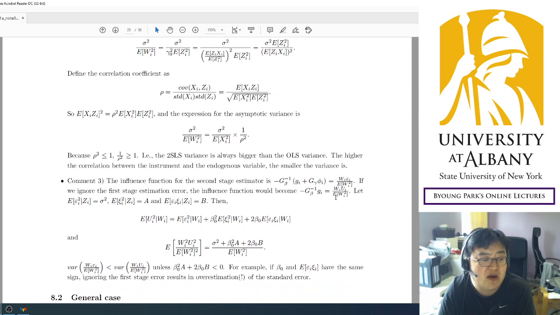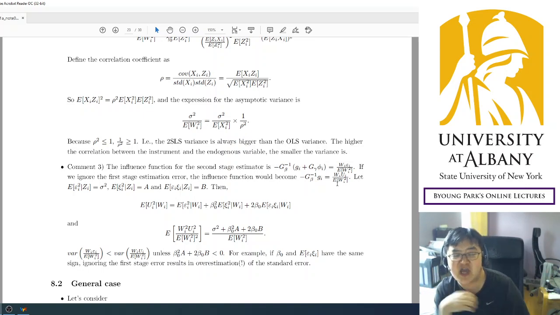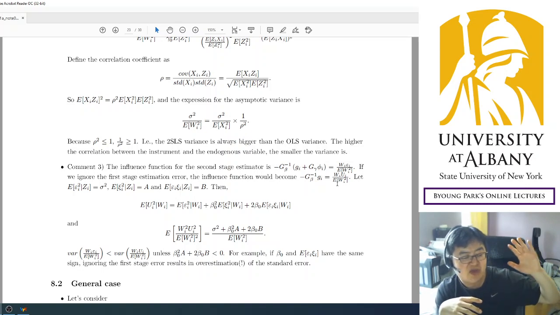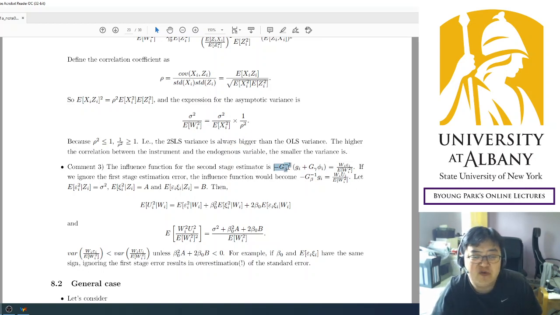And third comment. Now I'm going to compare what happens if you ignore the first stage estimation error. As I said in the previous video, it is an interesting example because intuitively, if you ignore the first stage error, you should get a smaller standard error, since there was some error that we ignored. But actually not, which is shown here. If you calculate the variance correctly, the influence function is given by this, as we derived earlier.